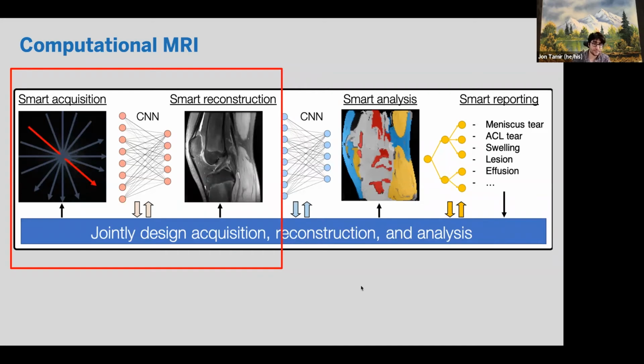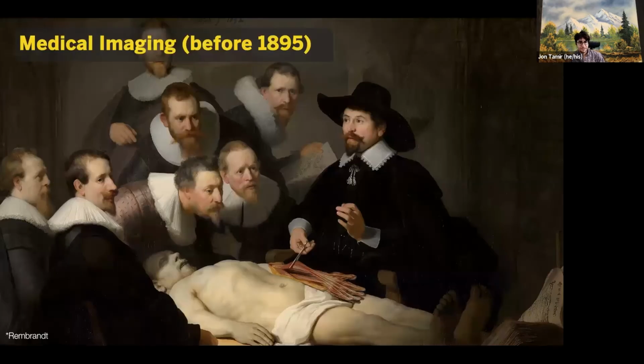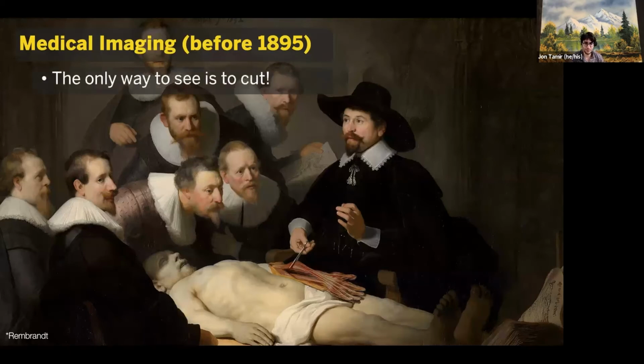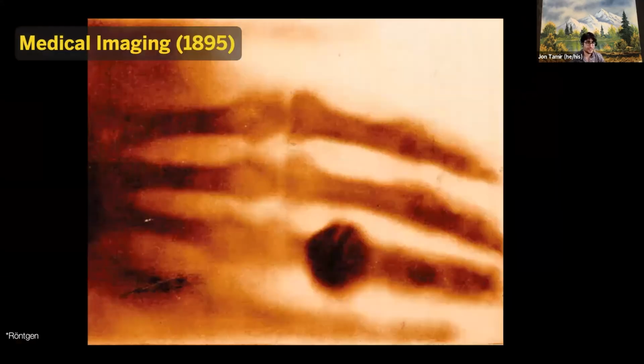Okay, so let's take a step back and let's talk about medical imaging. This is what medical imaging looked like before 1895. This is a painting by Rembrandt. And really, the only way to see into the body was to cut. So pretty invasive. And something quite remarkable happened in 1895.